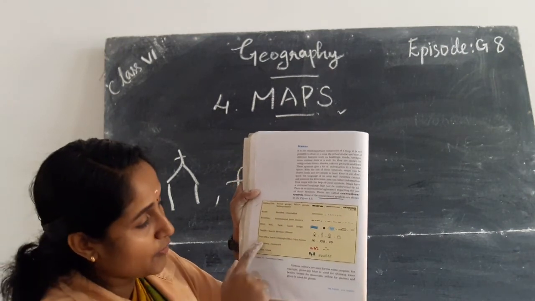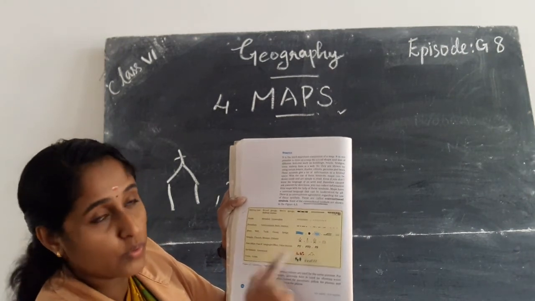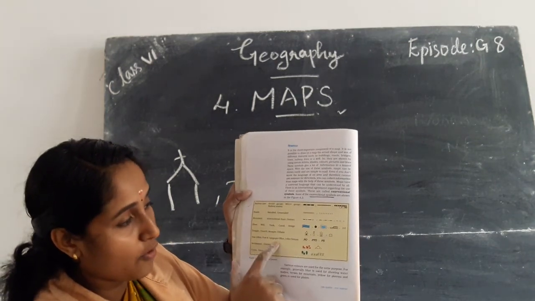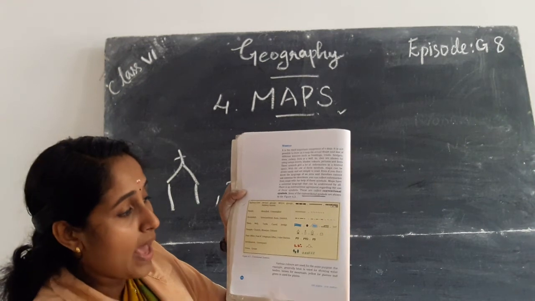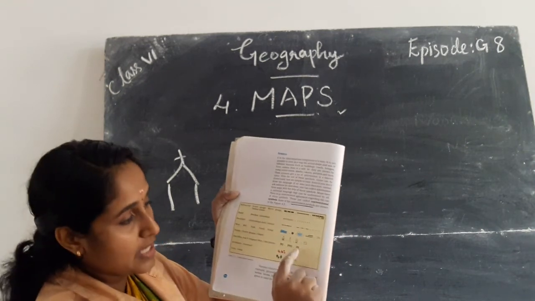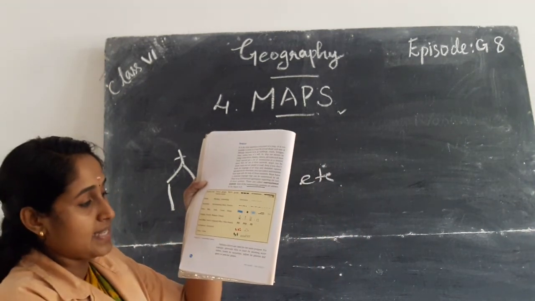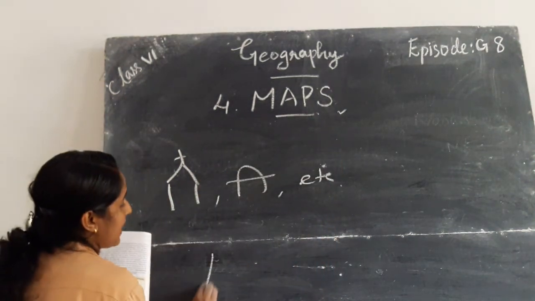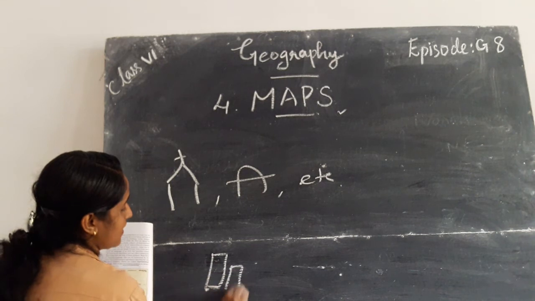Look at this. For post office the symbol is PO, post and telegraph office is PTO, and police station uses the symbol PS. For settlement we use building blocks like this.